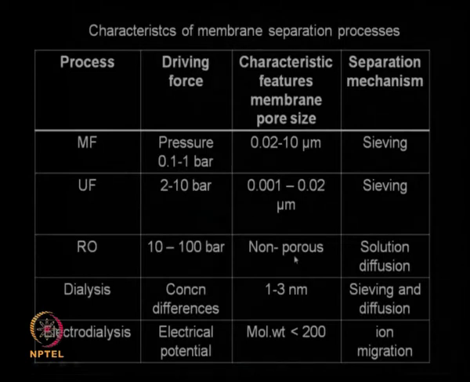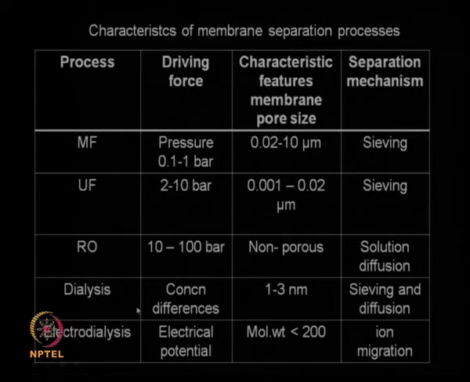Now when you come to reverse osmosis, the RO membrane, the pressures are extremely large, we can even have 100 bar pressure here, and there are no pores here because there is an osmotic pressure and then you are applying pressure against the osmotic pressure. So there is a diffusion type of phenomenon taking place, that is how reverse osmosis works actually.